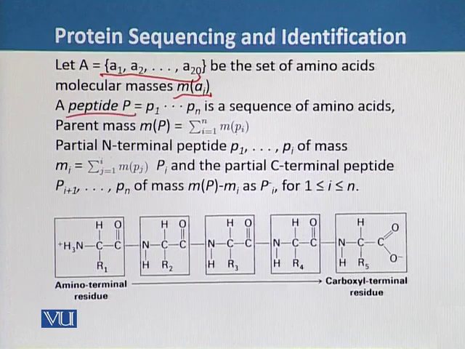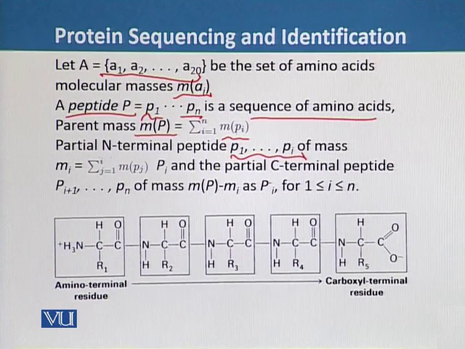If a peptide P is equal to P1 to Pn as the sequence of amino acids, with parent mass MP that is the summation of the MPi, we can denote the partial N-terminal peptide P1 to Pi of mass Mi, because we have to break the protein into peptides. This N-terminal peptide has a mass of the summation of j equal to 1 to i of MPj.